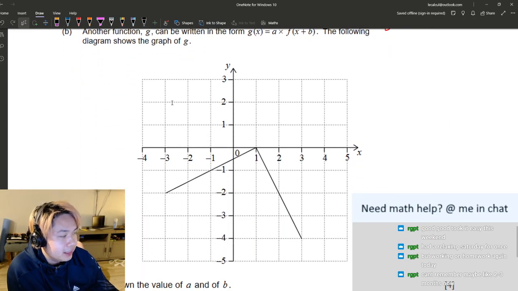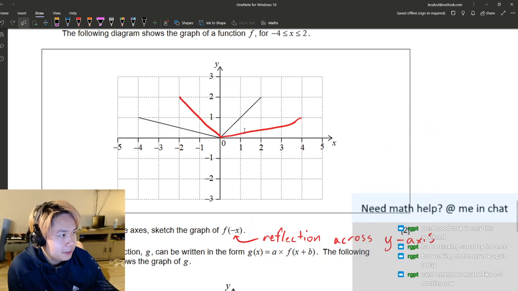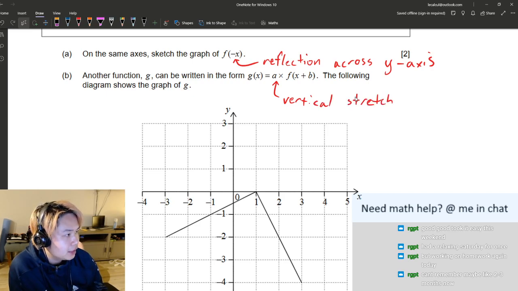Okay. And then we have a different function g, and g is just more transformations of our original f here. So you can see that it has two transformations applied to it. Some sort of vertical stretch and possibly reflection.